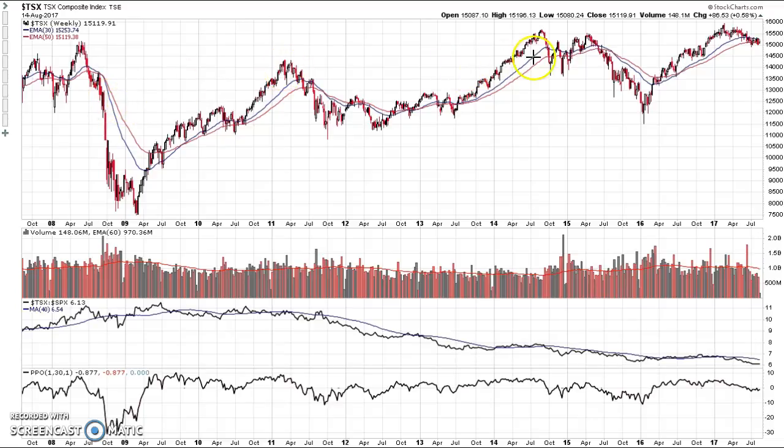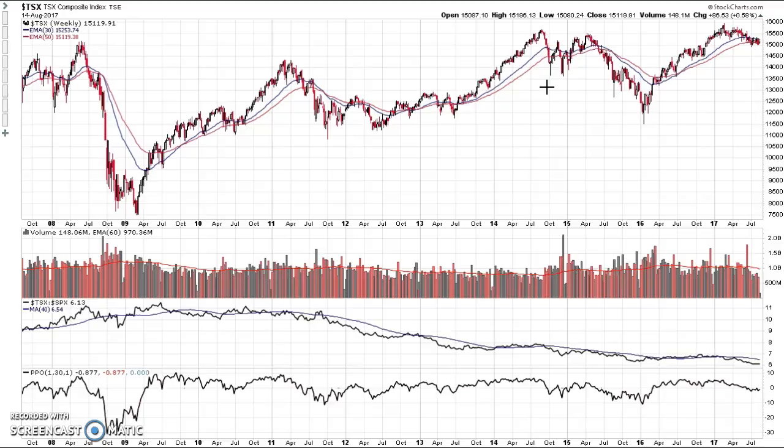And the TSX has had one other notable stage 4 decline in the last 10 years, during the 2014 to 2015 mini bear market, where a lot of commodity sectors were hit hard, especially the oil and gas sector.